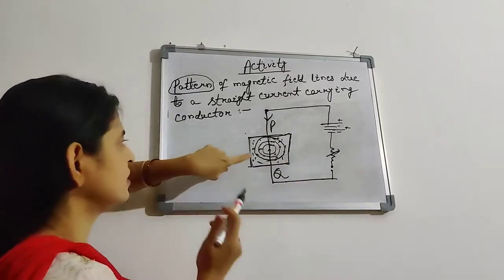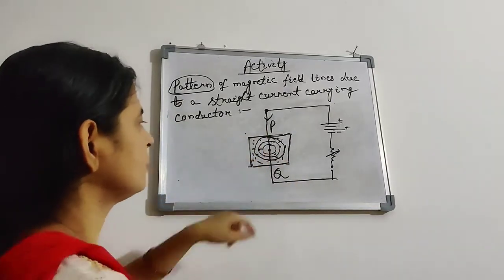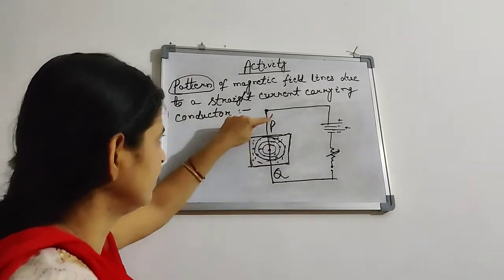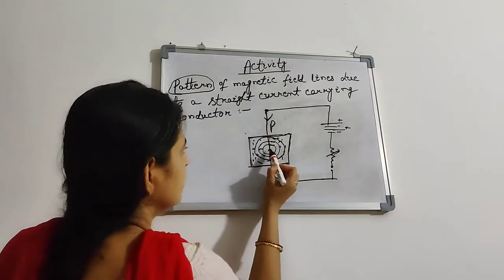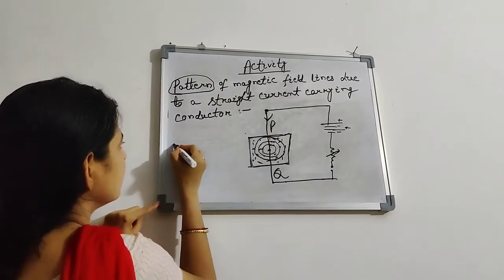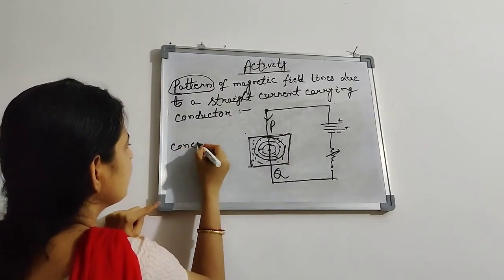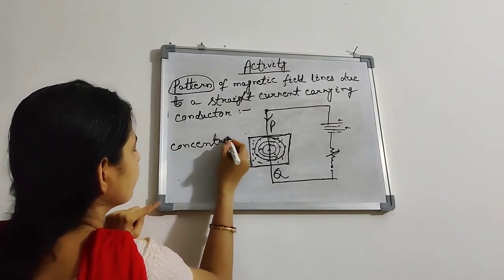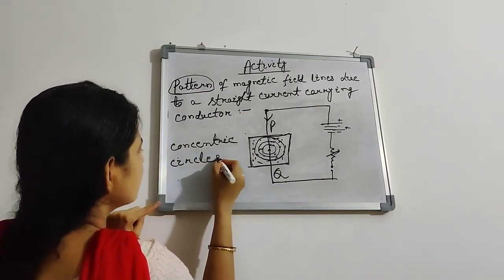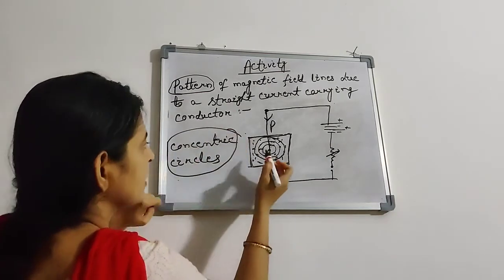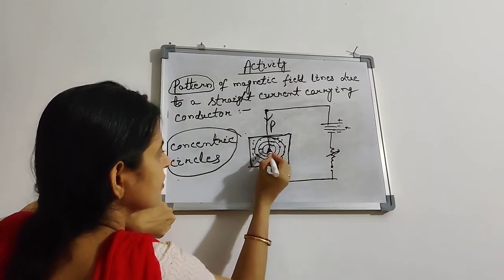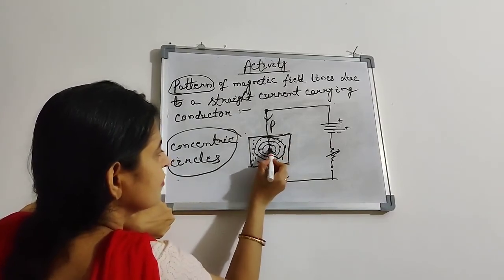Now the question is, what is the nature of the magnetic field lines due to the wire PQ? Your answer will be concentric circles. Concentric circles means different circles having a common center, one center.